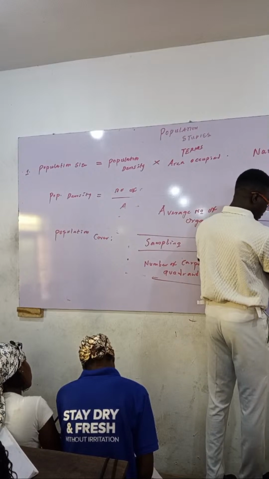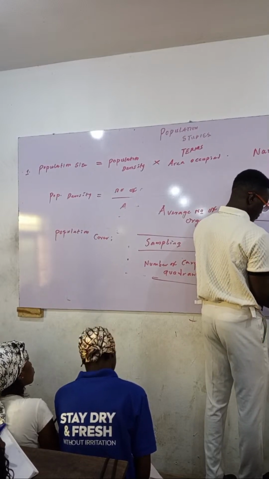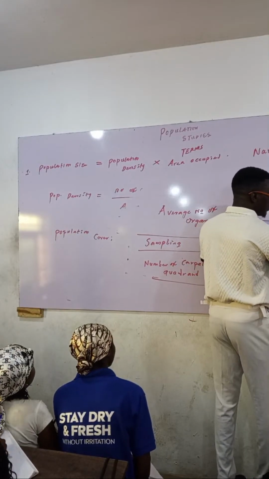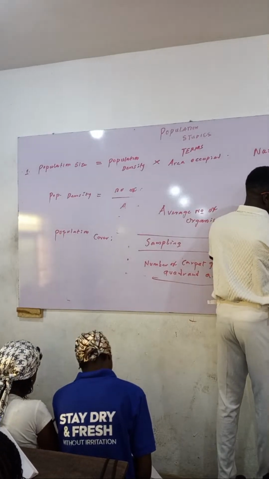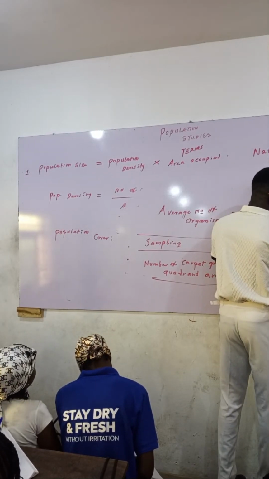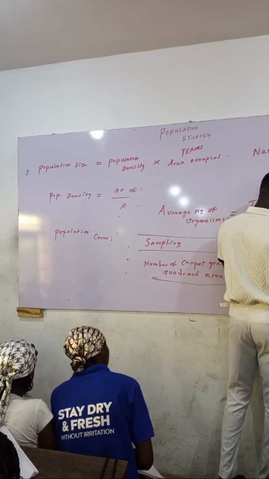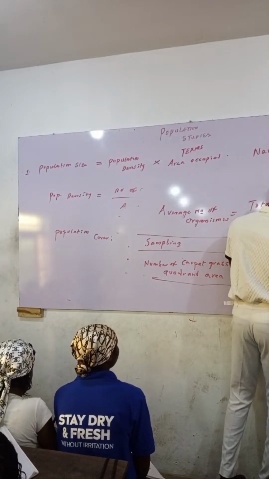For the sixth, you counted 18. For the seventh, you counted 20. For the eighth, you counted 11. For the ninth, you counted 13. Then for the tenth, we counted 9.